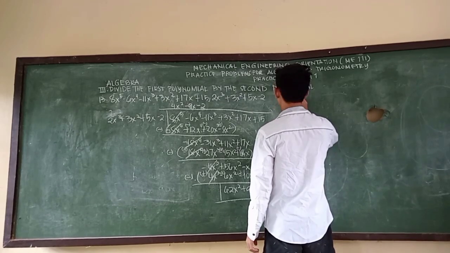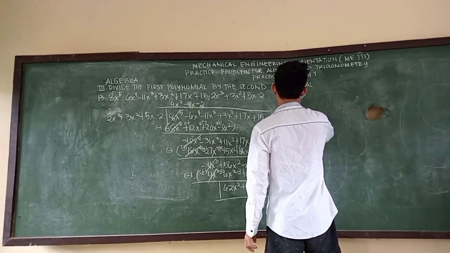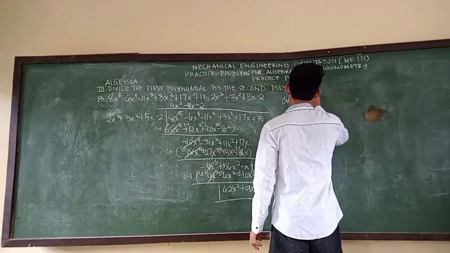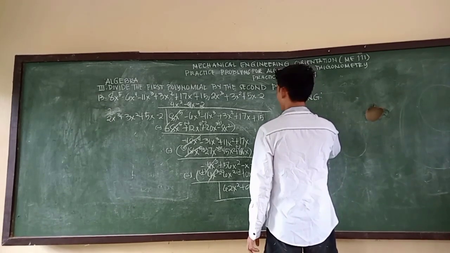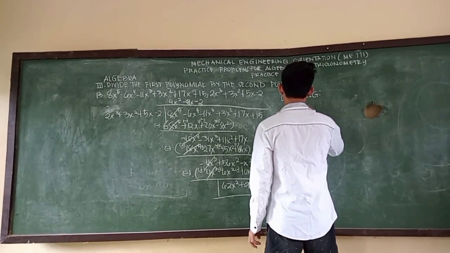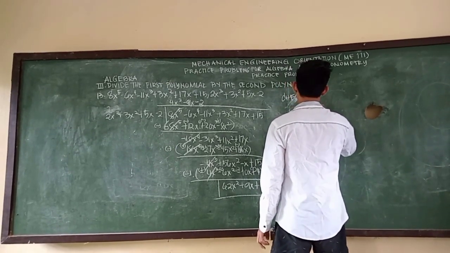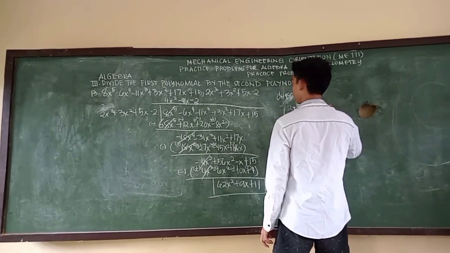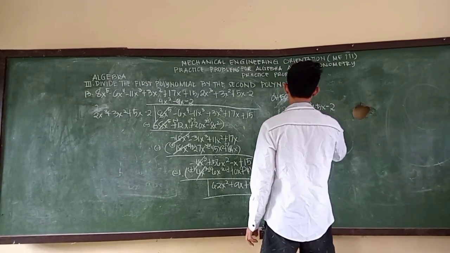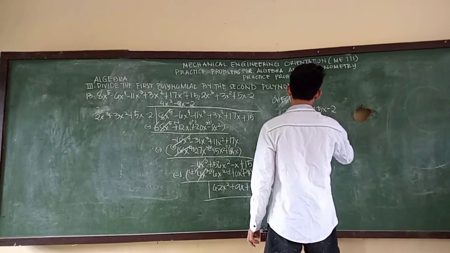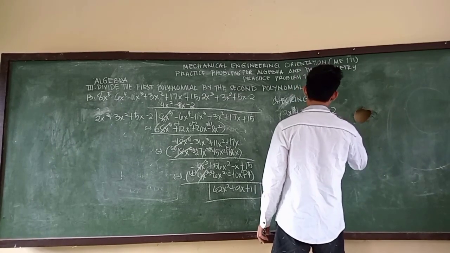So we'll have 2x cubed plus 3x squared plus 5x minus 2 multiplied with 4x squared minus 9x minus 2 for our checking.